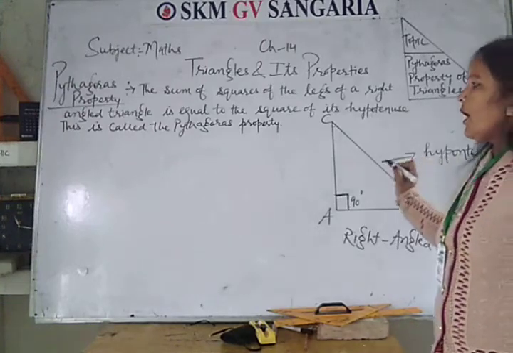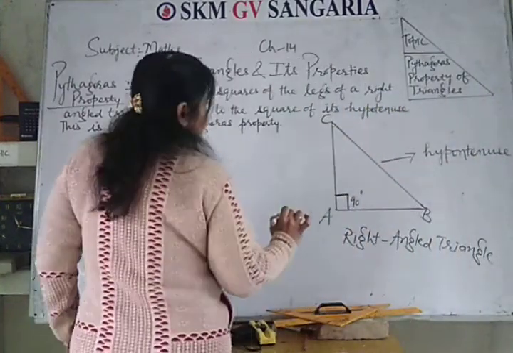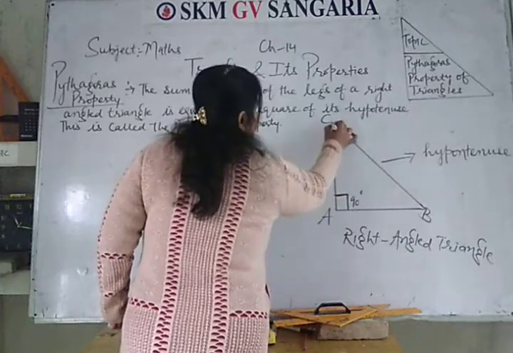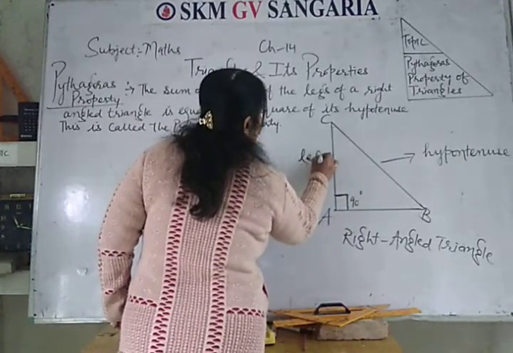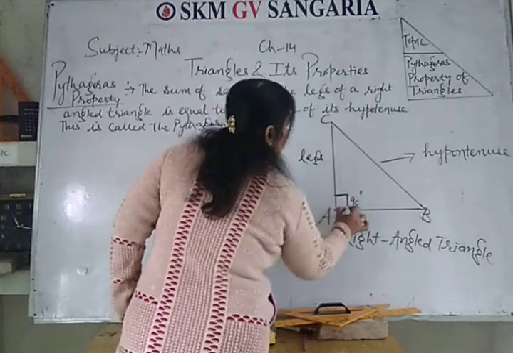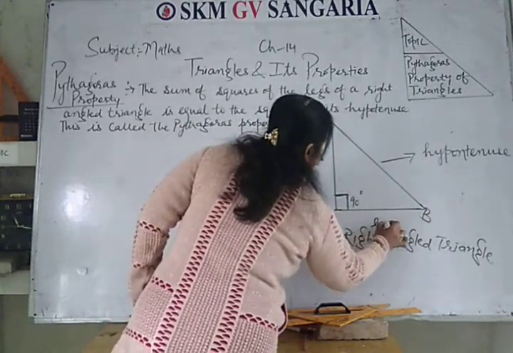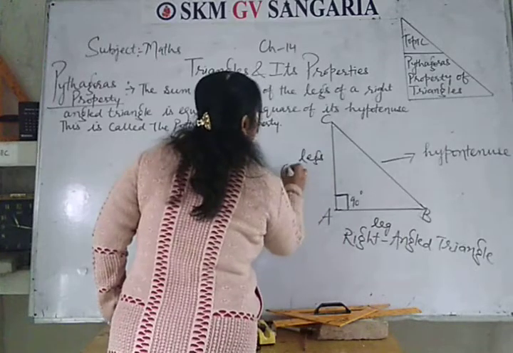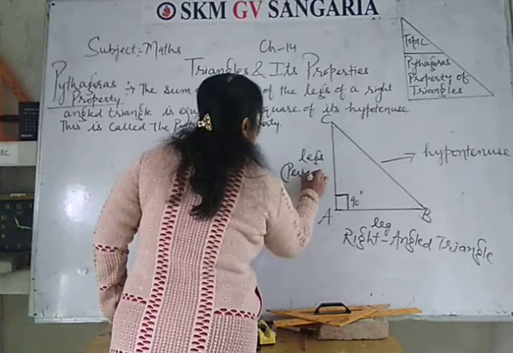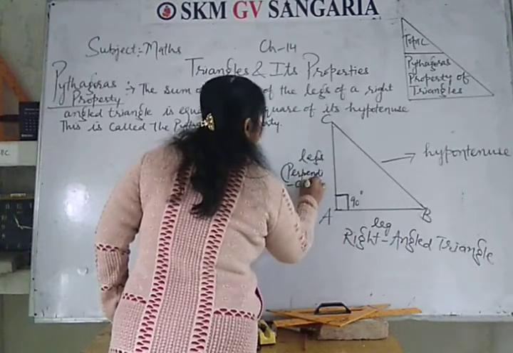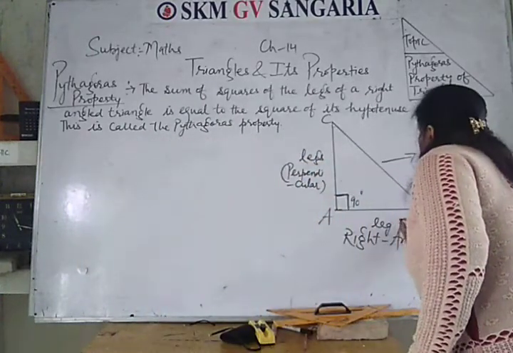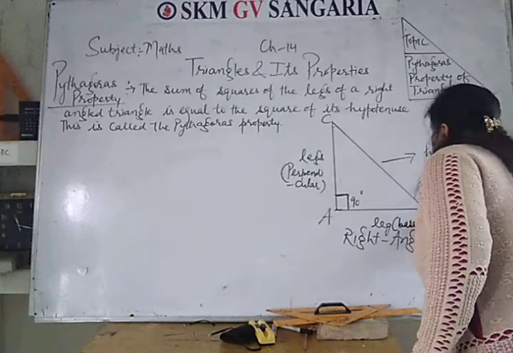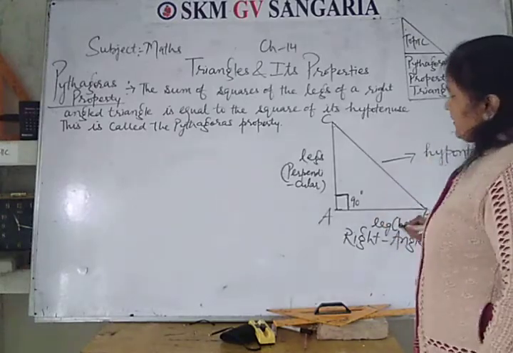The other two sides are called legs. This leg is called perpendicular, and this leg is called base.